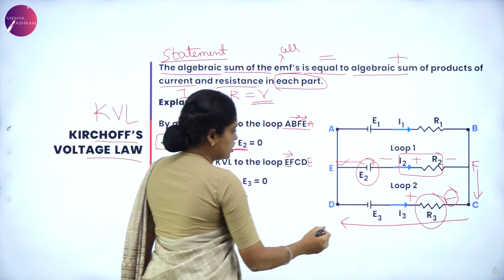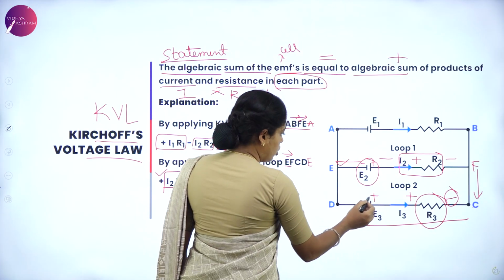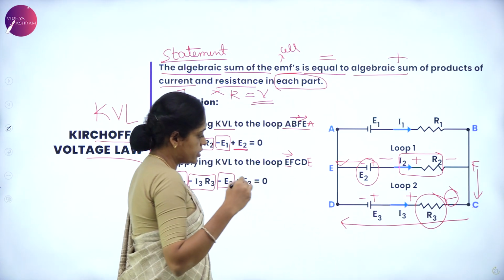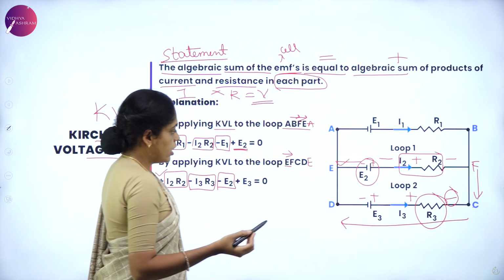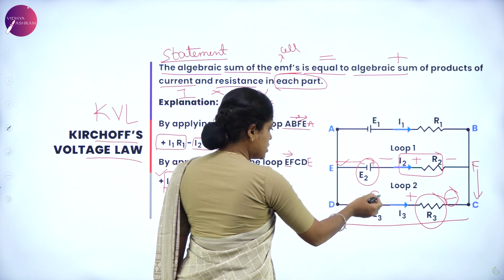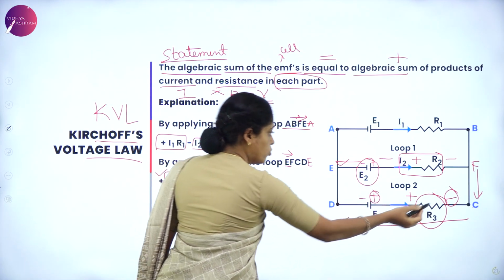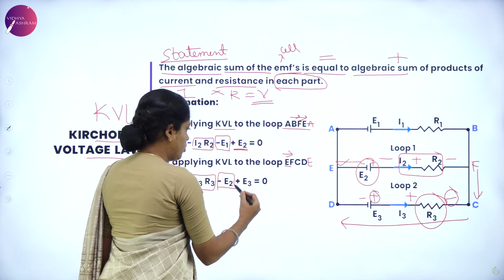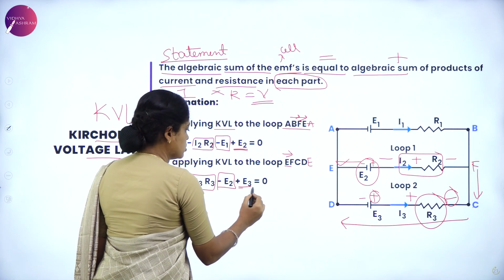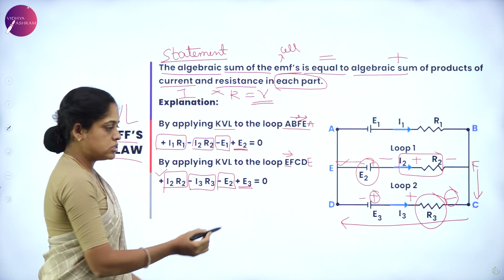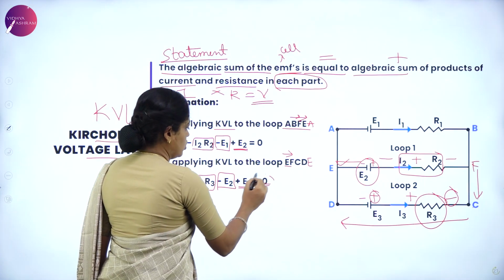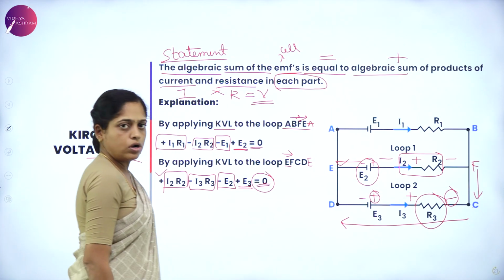Then the third cell across this, let us mark the sign where the first sign I reach is positive while moving from C to D. Therefore, E3 is positive. Sum of all this is equal to 0.